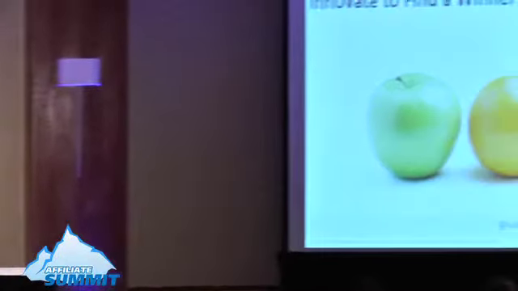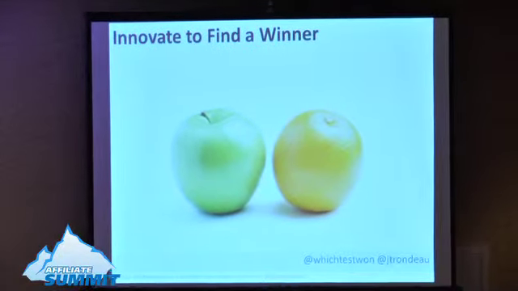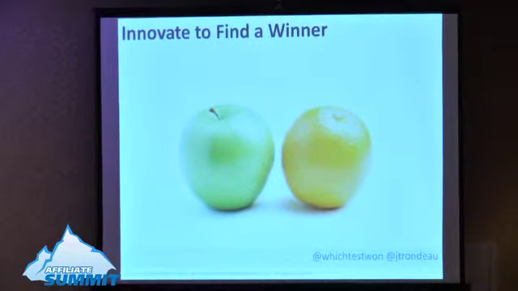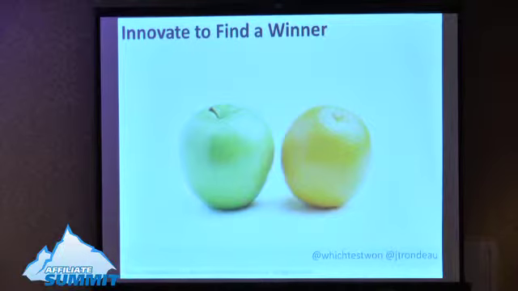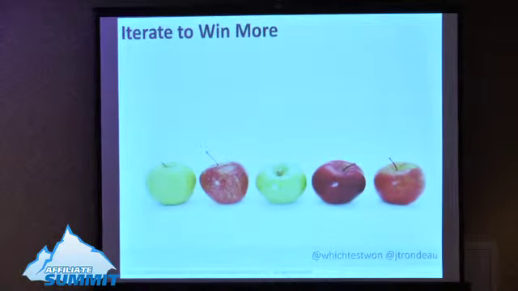So number 4. This is what I like to call innovation and then iteration. This is my ultimate testing tip when you're getting into the testing process. You want to innovate to find a winner. So you want to really have apples and oranges there. You want to upset the status quo, try some new stuff on your site. After you have your winner, after that's run through, iterate to win bigger, to win more.